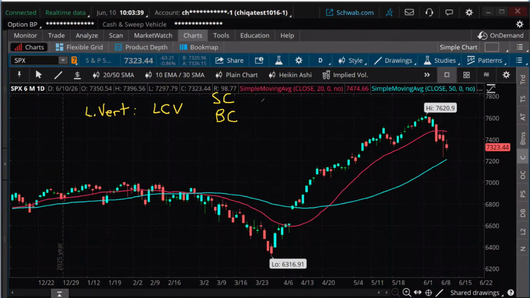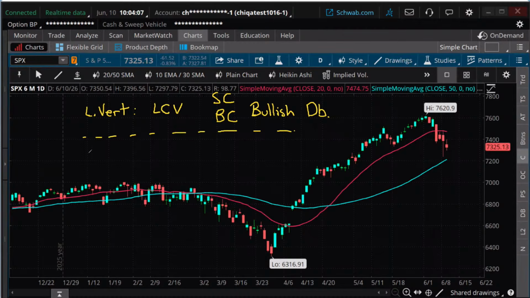In this case, you want the stock to go up. A long call vertical is a bullish trade. It's also a debit spread, DB for debit. It's going to cost you money up front. Hopefully the price of it goes up and you can sell it for a higher price. So that's a long call vertical.